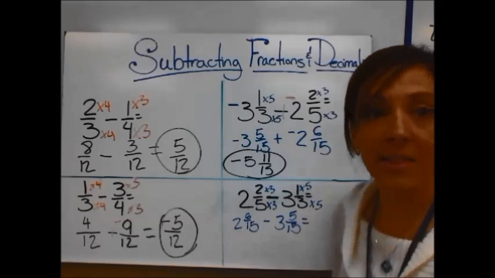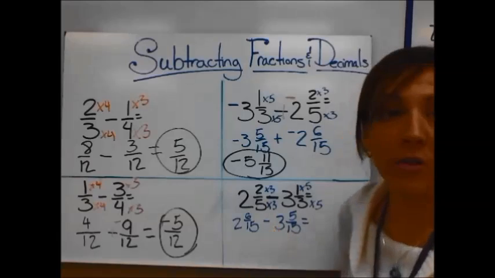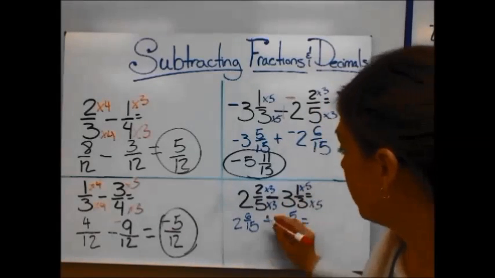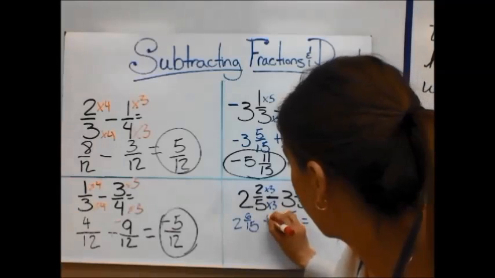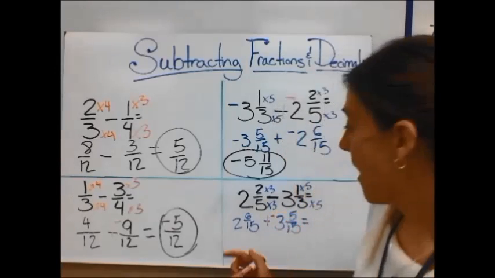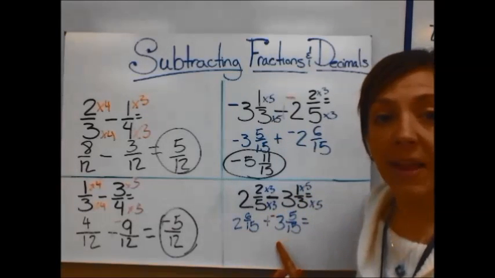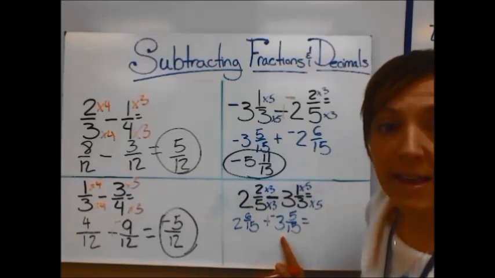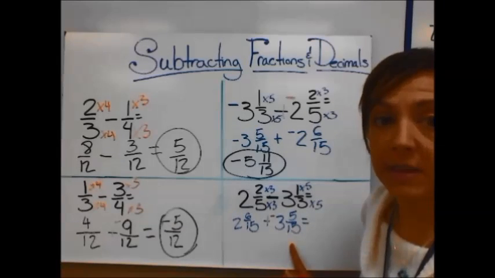Equals. Now, in this case, again, there's a subtraction sign in the middle. I'm going to stay switch it. I'm adding a negative now. I have 2 6/15 plus a negative 3 5/15.